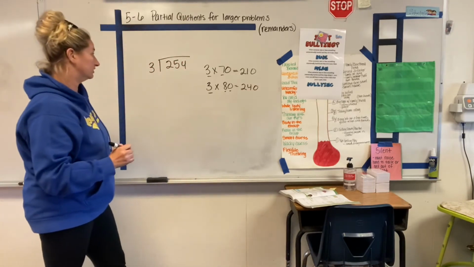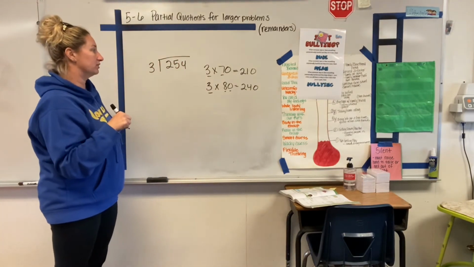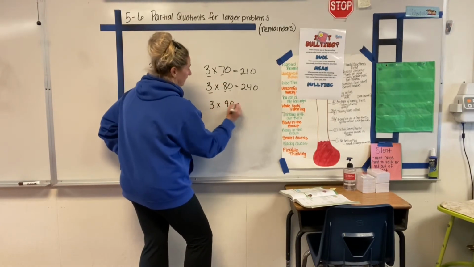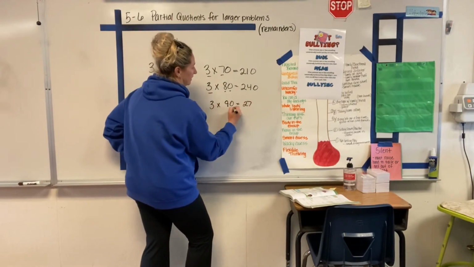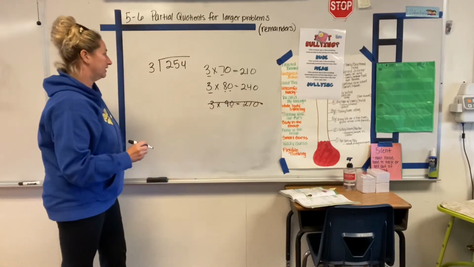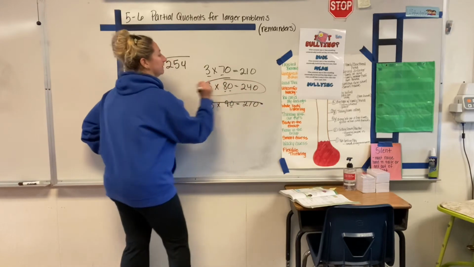Yeah, that's closer, but I can't go over. So let's try one more. 3 times 90. 3 times 9 is 27, add a 0. That's too much. I can't use that one. So the closest one is this right here.